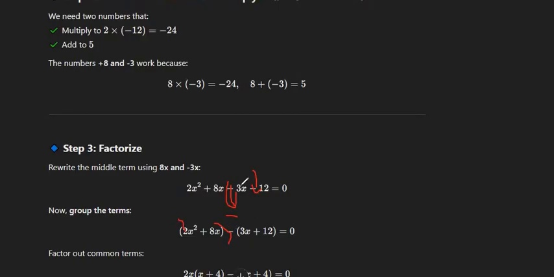Now the answer will be 3x positive, change into positive, and this minus will also change into positive. Now you can check it by multiplying this minus 3x minus 12. You will get the same answer. It means you have done correct. Now again you have to take the common.